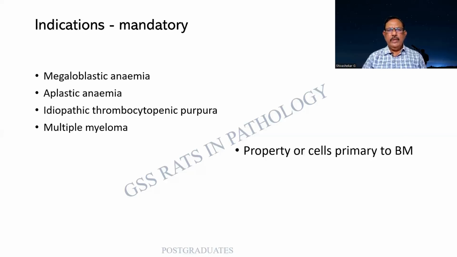Patient has got a severe or moderate thrombocytopenia, and the bone marrow will give us a diagnosis of an ITP. Multiple myeloma, a malignant tumor solely belonging to the bone. So these are certain things which are mandatory. Without this, I cannot make a diagnosis.